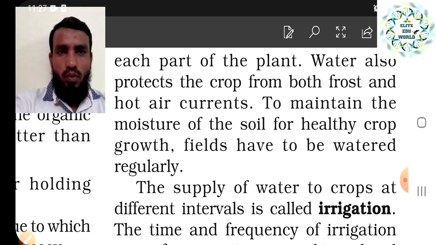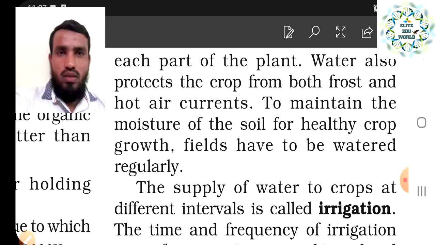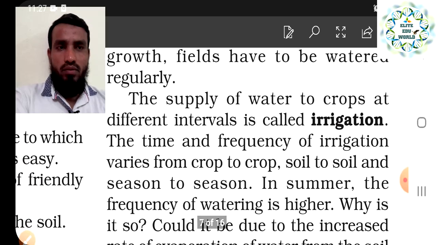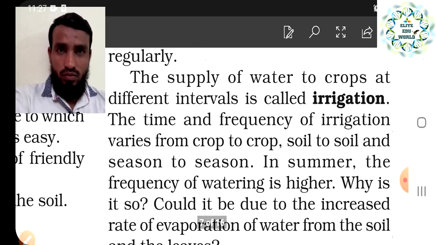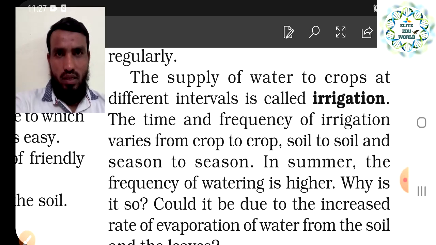So it is very important to provide the water, and the field has to be watered regularly as per the needs of the crop we are growing. Okay, so the supply of water to crops at different intervals is called irrigation.